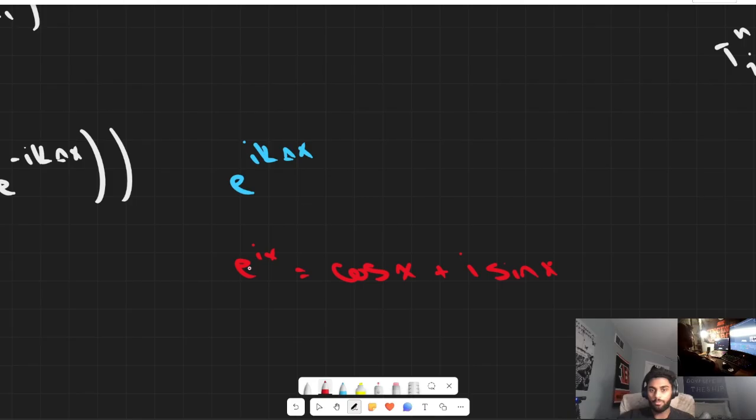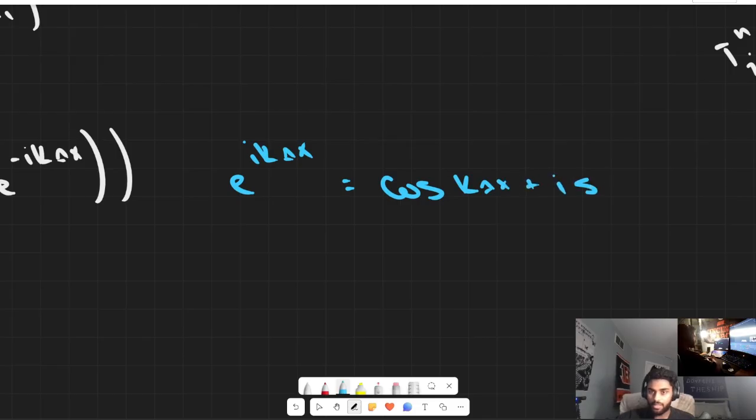This is a general form for Euler's identity, right? So if you write this out for e to the ik delta x, this is cosine of k delta x plus i sine k delta x.